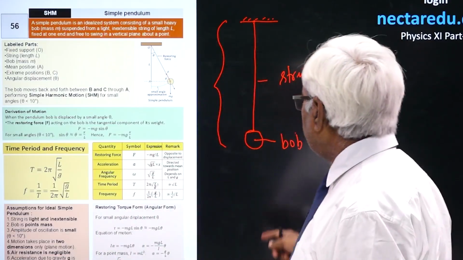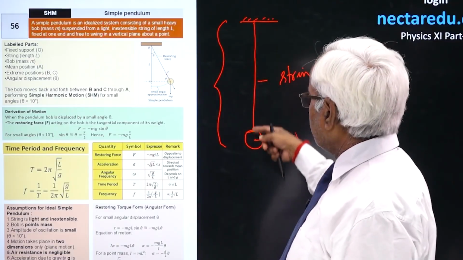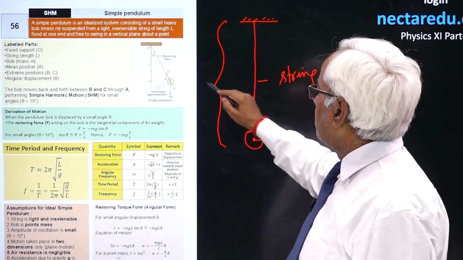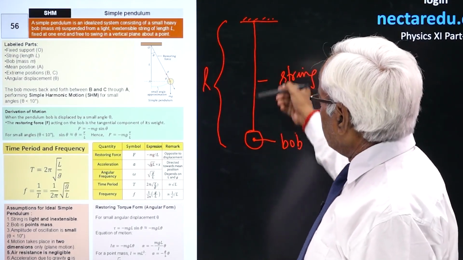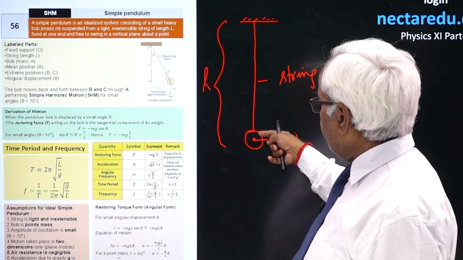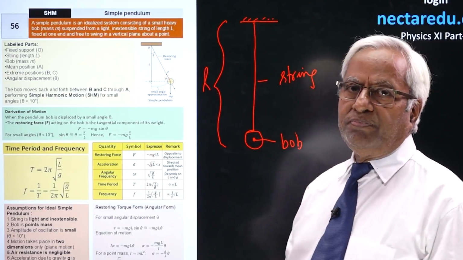Similarly, the distance of the bob from the point of suspension has to go up to the CG of this bob. So the effective length of this pendulum will always be the length of the string plus the radius of the bob.